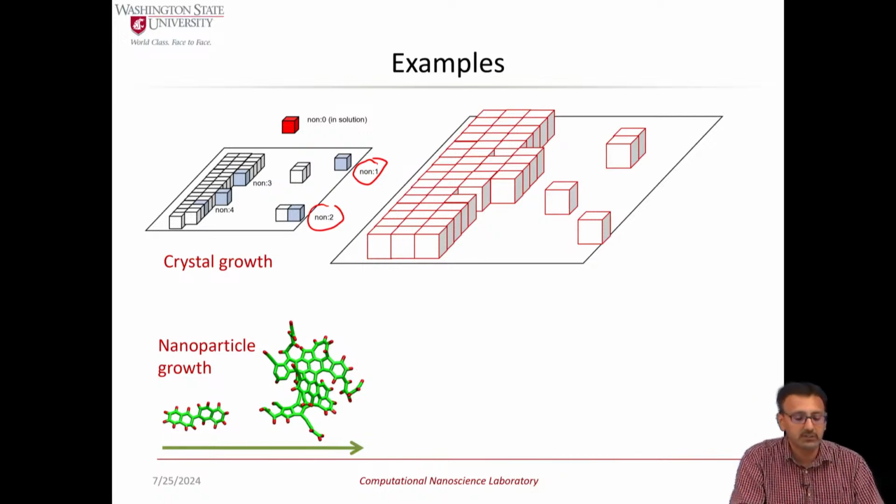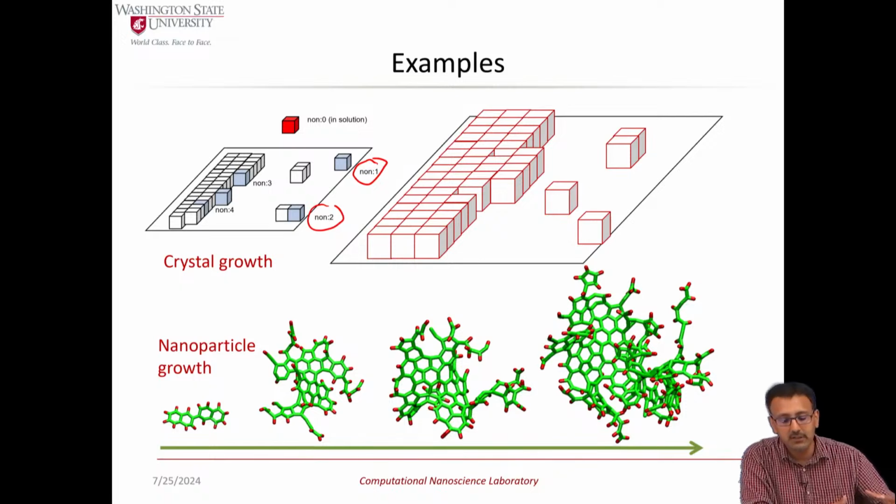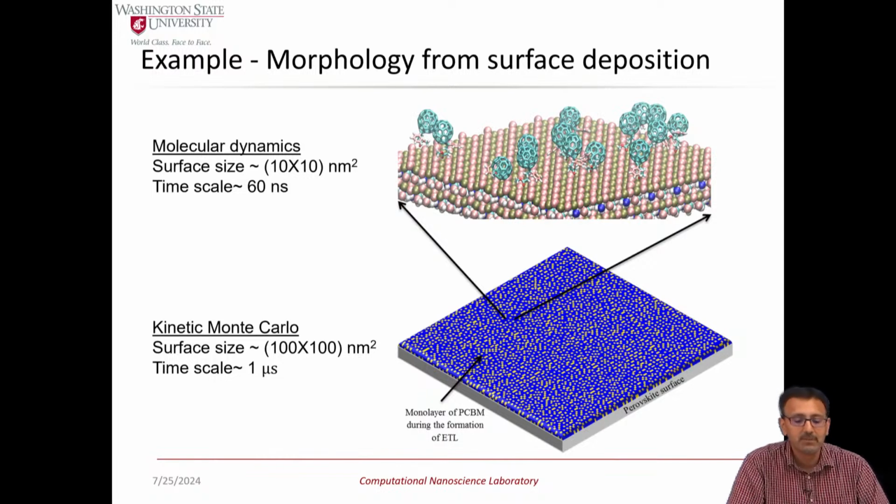You might know the rates for the surface reactions for this particle. You can use those, or you can use rates from density functional theory calculations to evolve the structure of these soot precursors, starting from a very basic unit to much larger structures. So there is a very interesting wide range of applications of kinetic Monte Carlo in principle. I will present a couple of specific examples from my own work in the past.